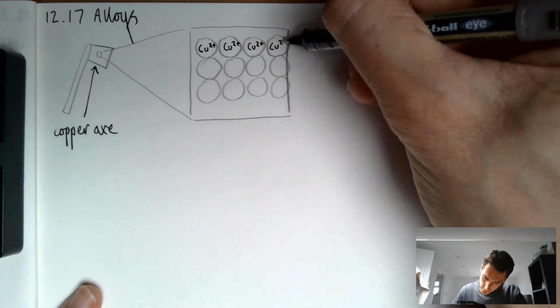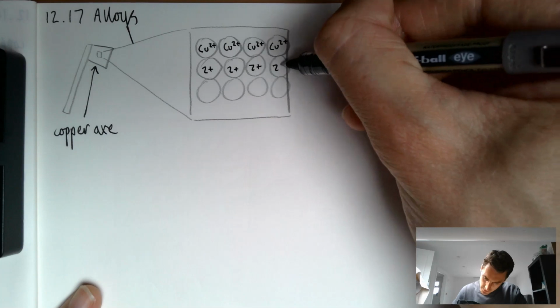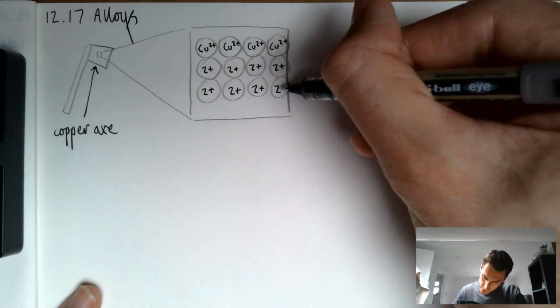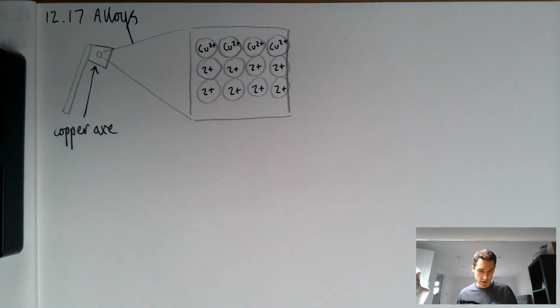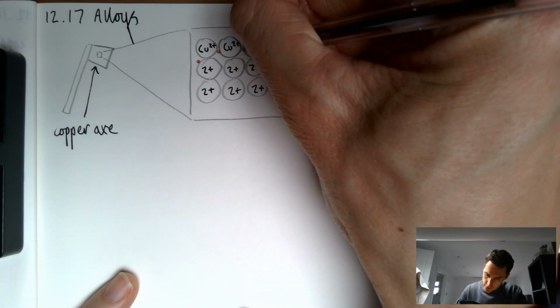For the rest of them I might just put 2+, 2+, 2+, 2+, as follows. And then we can add our delocalized electrons in here. I might do these in a different color this time, so I might do these in red. So these are my delocalized electrons.